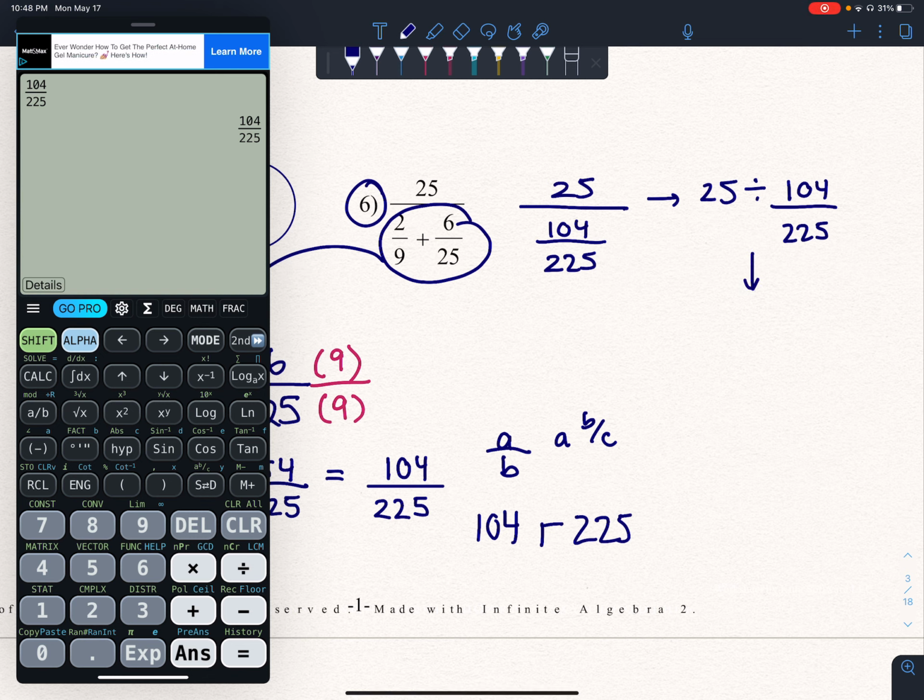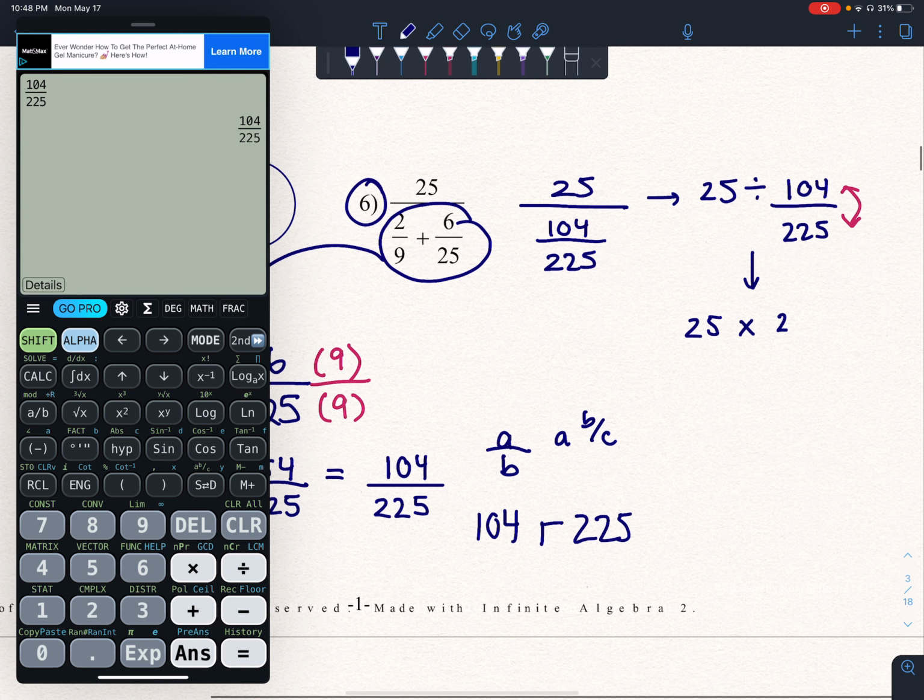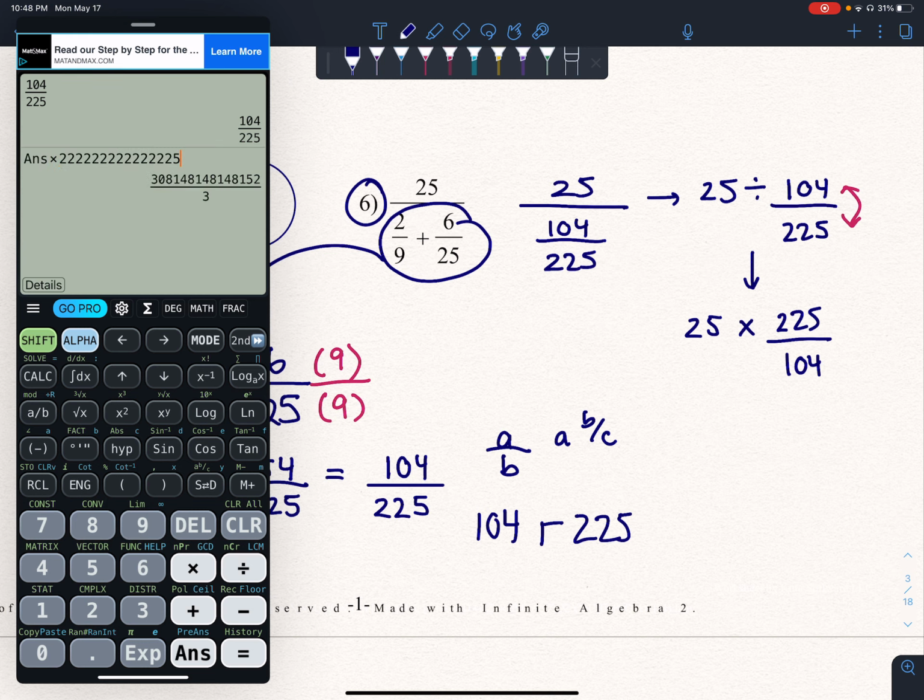And then this will get translated. So the division turns into a multiplication, and then our second fraction will flip: 225 over 104. And then this gets multiplied, so times 25. Oh boy. Answer times 25.